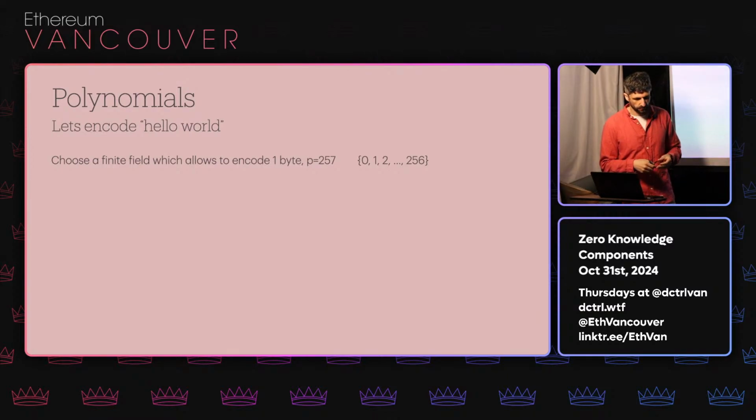So for that, first we need to find a right finite field. We know that to represent one character in computer, we are using 1 byte, and 1 byte can encode up to 256 combinations from an ASCII table. So the closest prime number will be 257, and eventually we will be using this prime field for our polynomial encoding.